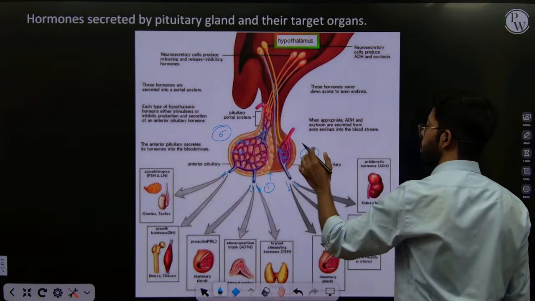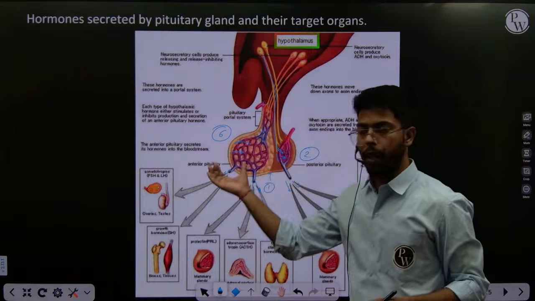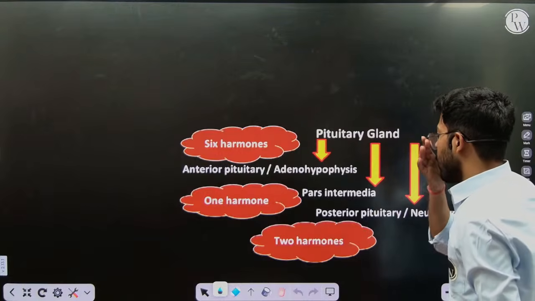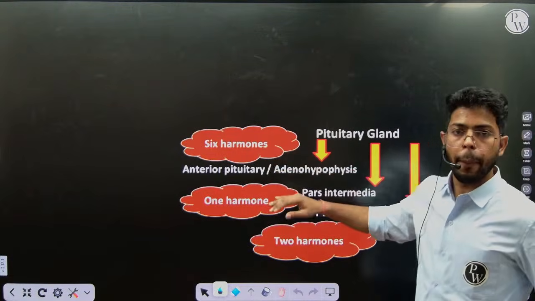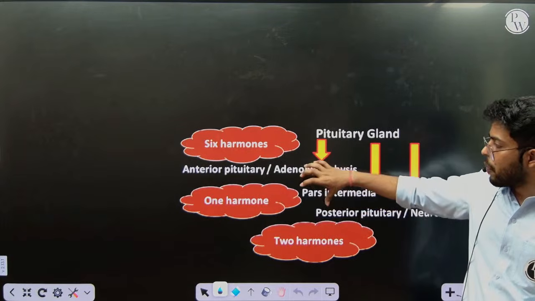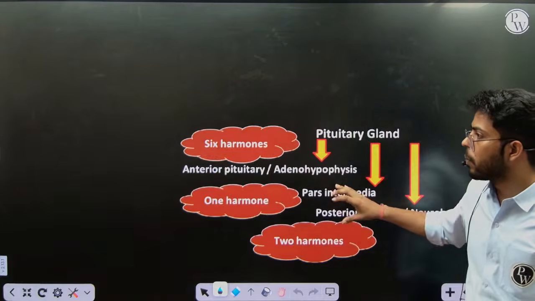So total 6 plus 2 plus 1, that is 9 hormones released by the pituitary gland. Same, six from the anterior pituitary, one from the middle lobe, pars intermedia, which is fused with the anterior pituitary in humans.